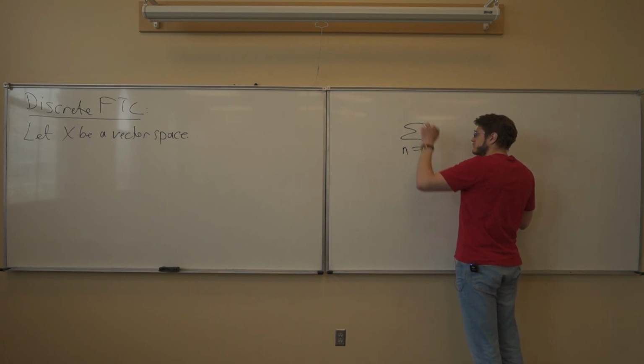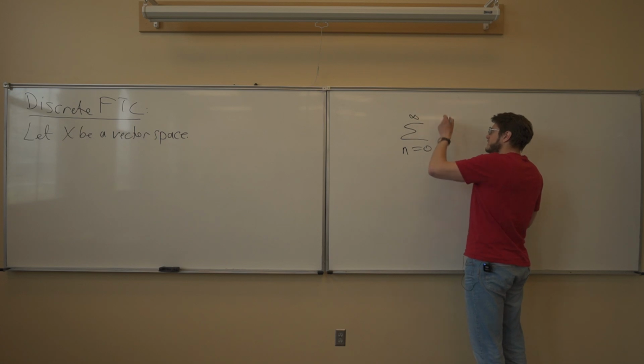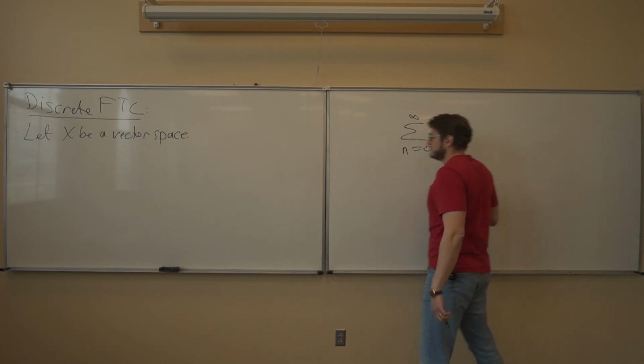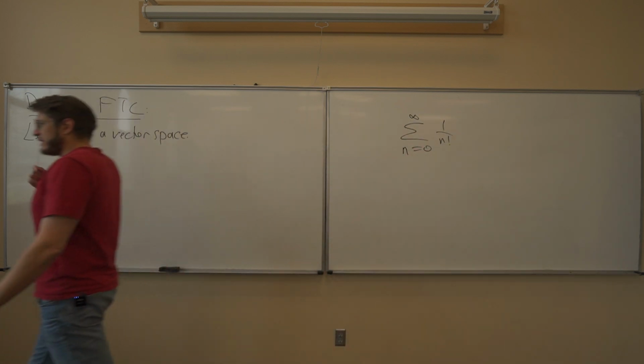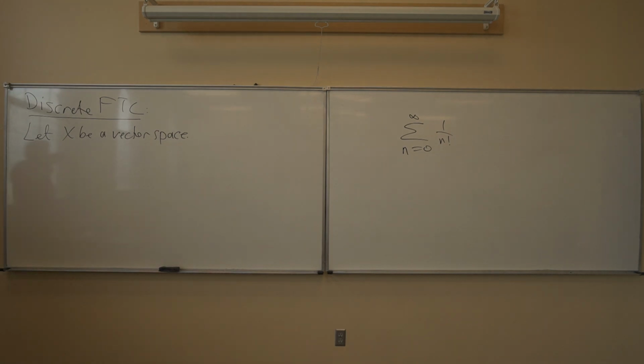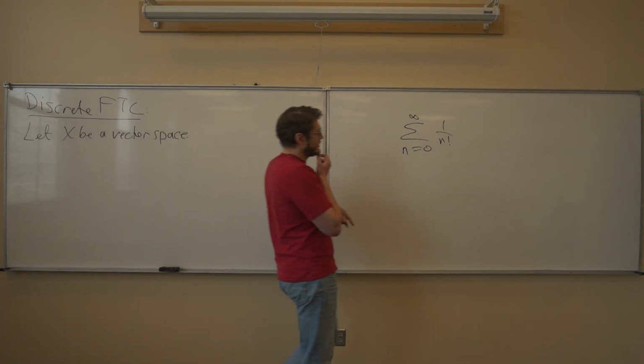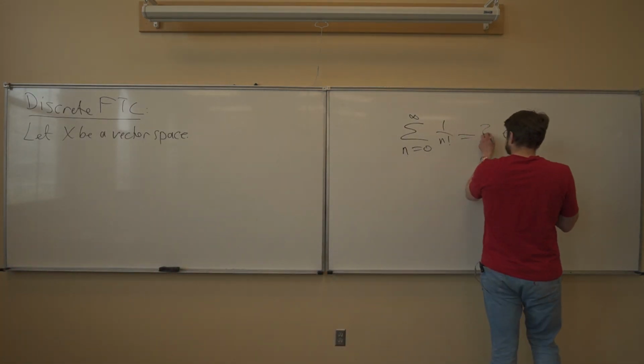Say the sum from 0 to infinity, let's say 1 over n factorial. We would like to be able to say something about whether or not this makes sense. And if this infinite sum does make sense, what is this expression?